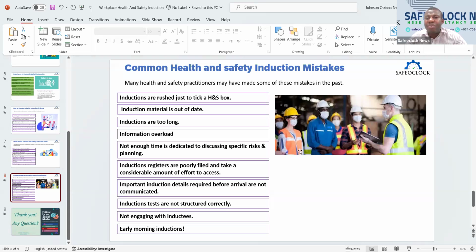For example, in organizations that have reinduction annually, or some every 6 months, how do you find out the people whose induction has expired? It takes time because you are not keeping digital records. So it's advisable to maintain your induction registers physically and also digitally for easy access and retrieval.